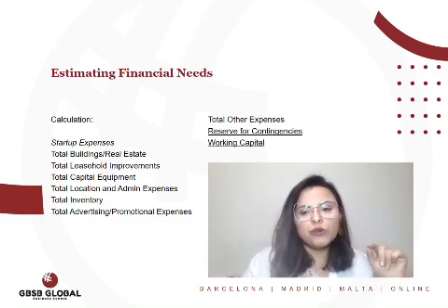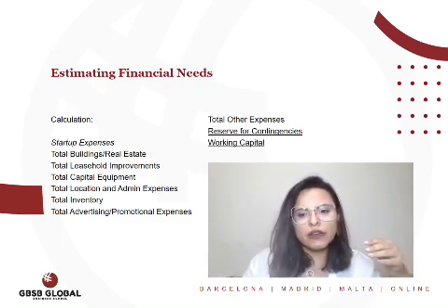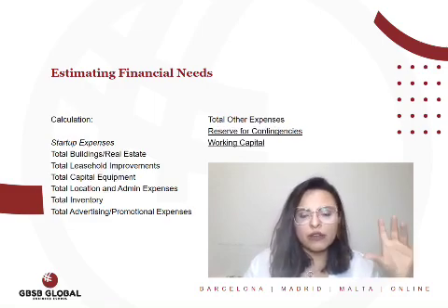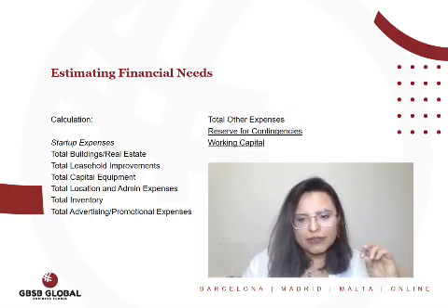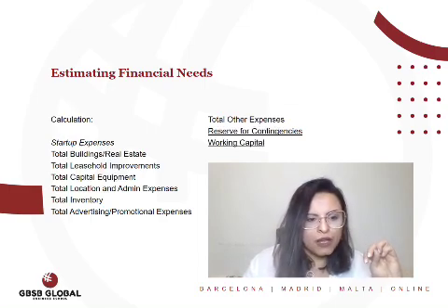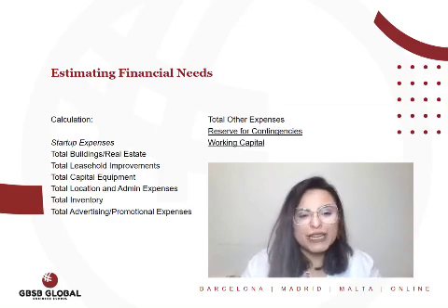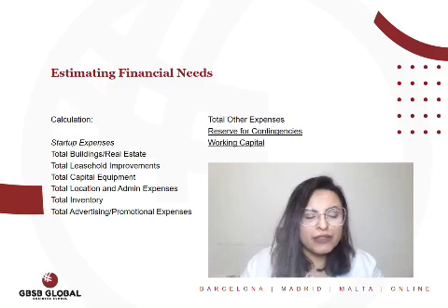You won't always have to go and check all the details of the sheet. You can go to the summary, but it's important to make the detail and then to make the summary out of it. So I believe that's it for this estimation of capital.